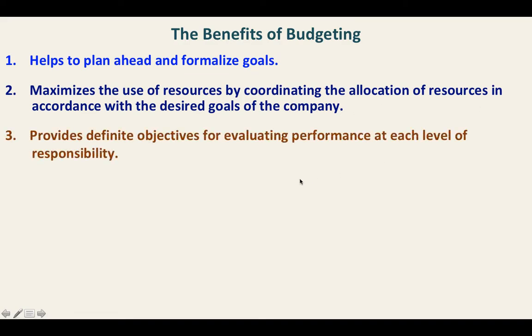Number three, it provides definite objectives for evaluating performance at each level of responsibility. Class, this is similar to evaluating or measuring actual performance against the set budget.